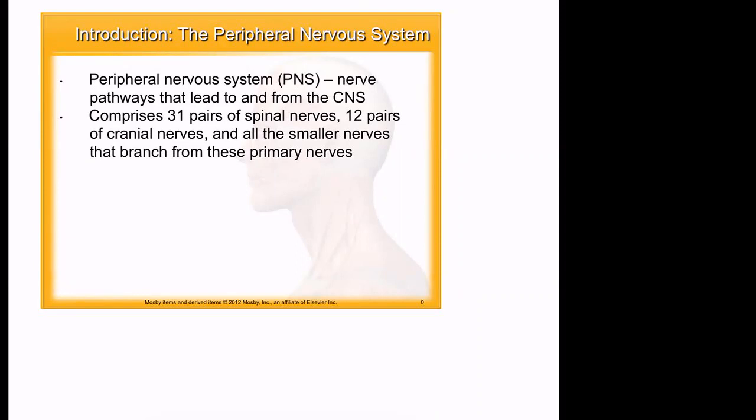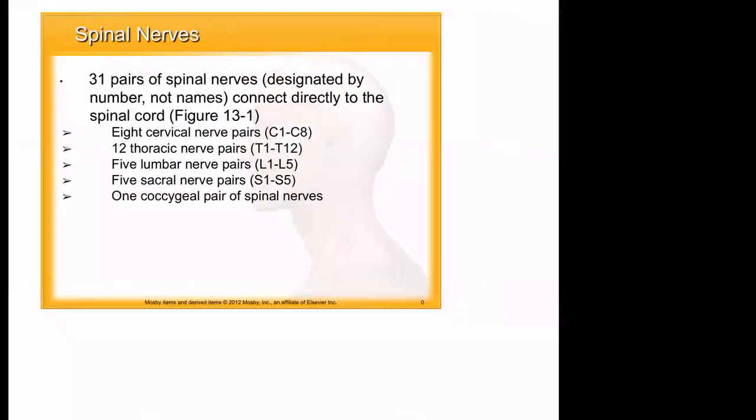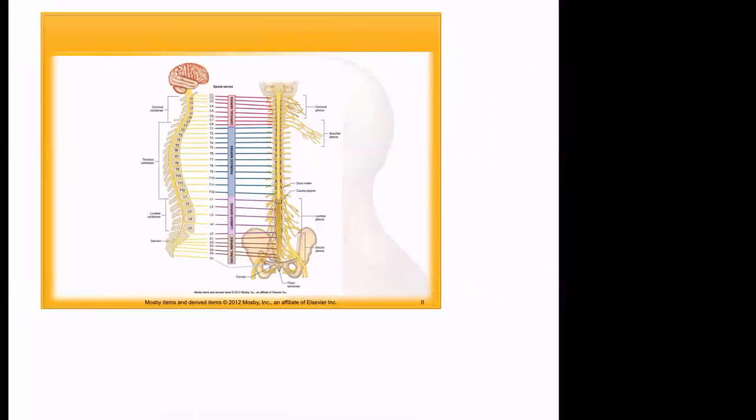I'll talk about the, actually now, 31 pairs of spinal nerves, 12 pairs of cranial nerves, and then all the branches off of those branches. Let me show you this very quickly.